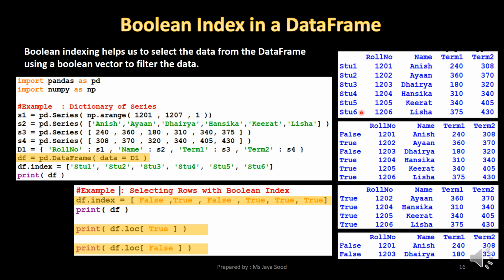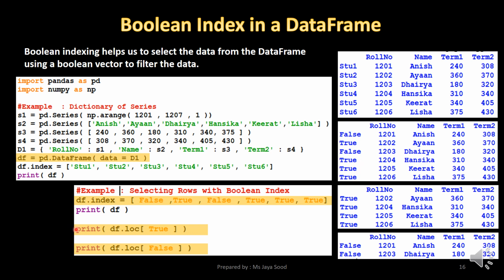Now let us again change the row indexes to a Boolean vector by writing the statement df.index is equal to and providing a list of Boolean values which are either true or false. So the indexes are now set to either false or true as shown here in the output.